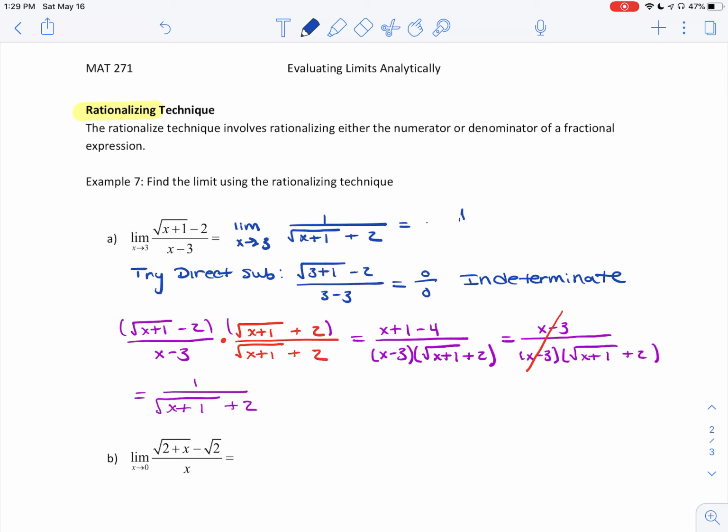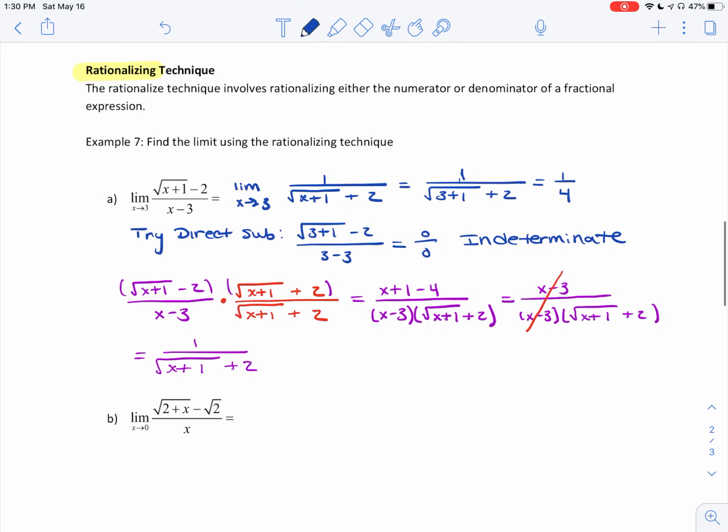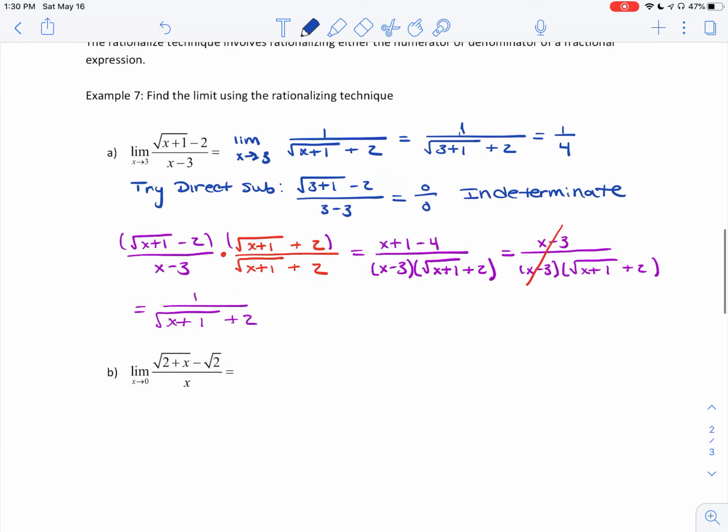So 1 divided by the square root of 3 plus 1 plus 2. All right, so that is just going to be 1 over 4. And that's our answer. All right, so when you get an indeterminate form, when you're dealing with something with a radical in it, you're going to rationalize either the numerator or denominator to simplify your function.